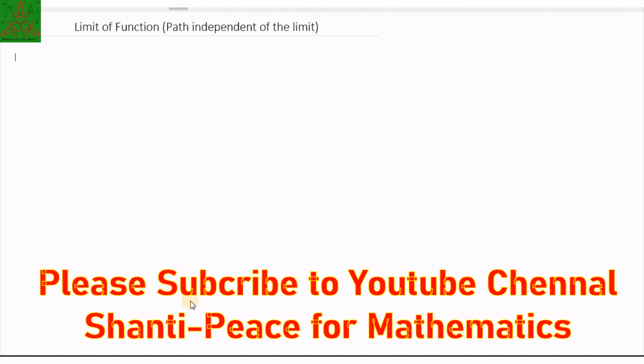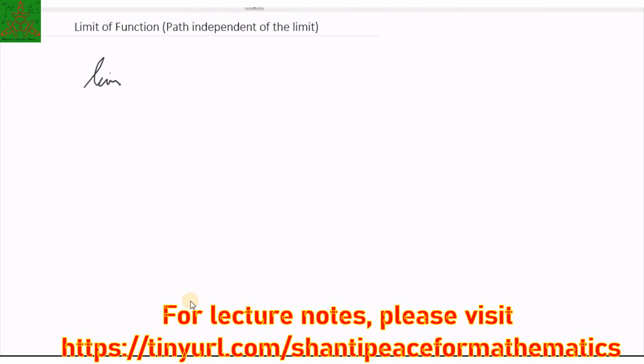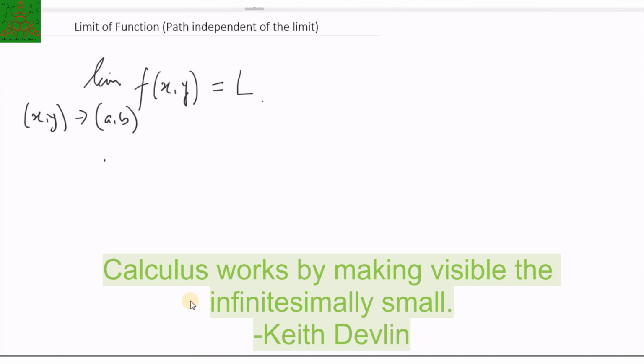In the previous video, we have learned about a limit of a function. So let us recall what is the concept we have dealt with. If you want to say the limit of the function of two variables f(x,y) will be L as (x,y) tends to (a,b), for given epsilon greater than 0, there exists a delta greater than 0.